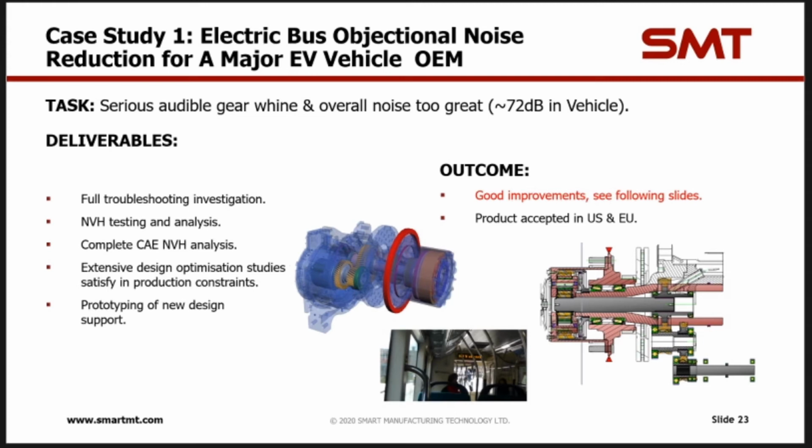So the optimization focused on improving the system stiffness and the support of the motor shaft. We optimized gear macro and micro geometry, and there were also some resonant panels on the case.